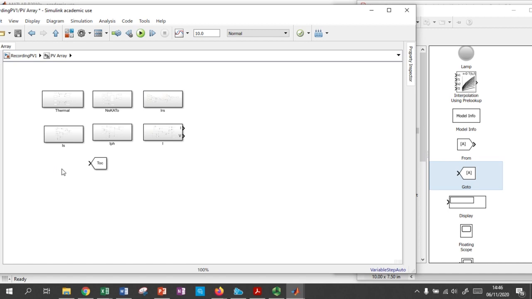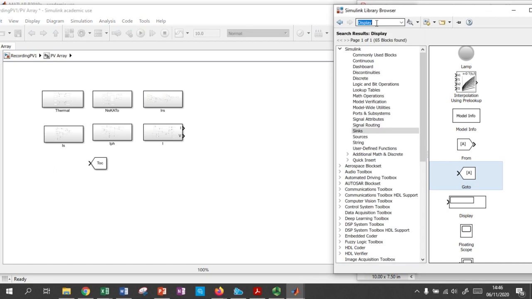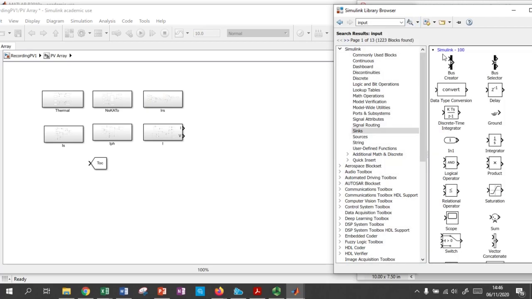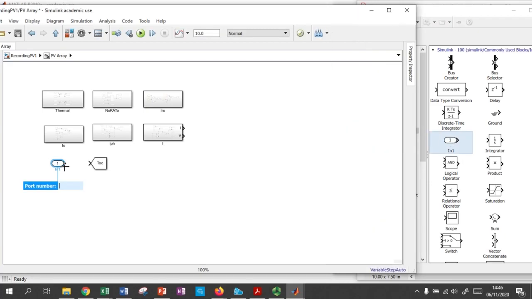Now we need to have one input port, then the input that we will define for this one. Look, all of them are some input or output. Then this input is called TOC.